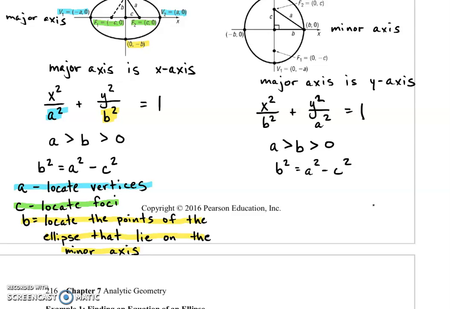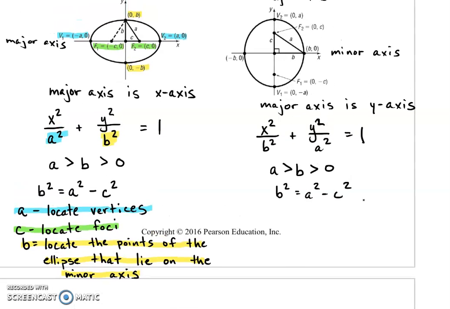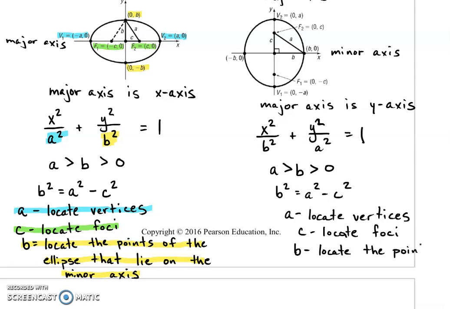But this time, the points are sort of changed. A still locates the vertices though. C still locates the foci. And b still helps us locate the points of the ellipse that lie on the minor axis.